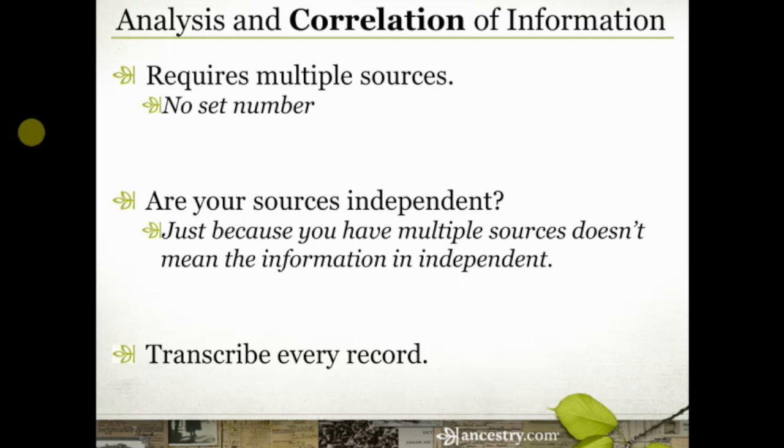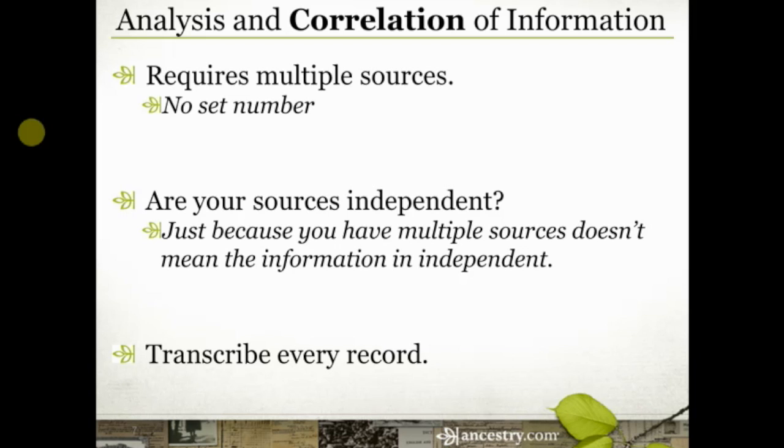I do that for a couple of reasons, and I've got a couple of videos out there specifically about notes. One for online trees and one just for the process of note taking in general, and then one specifically for FTM.